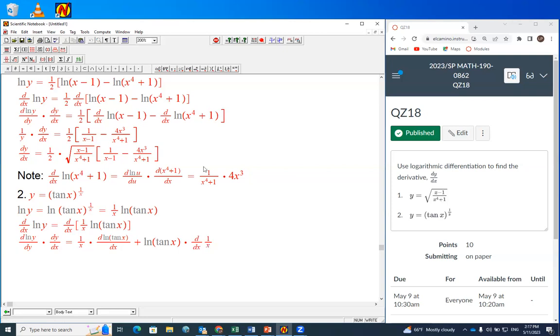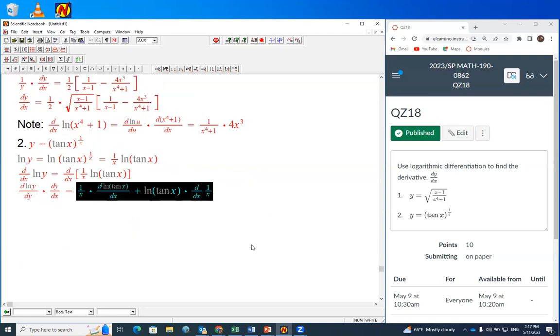That's the product rule. That's applying the product rule.